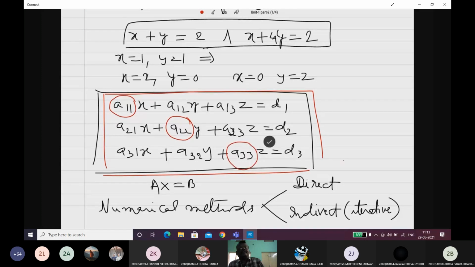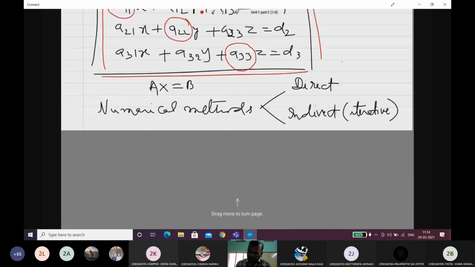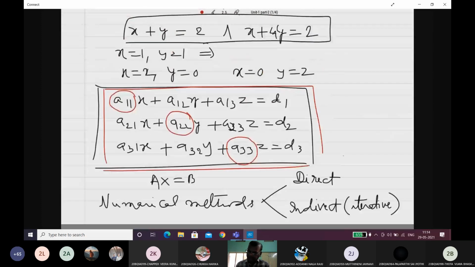When do you say this system is diagonally dominant? That is the important condition. The absolute value of the first row first element, which is the element in the diagonal, is greater than the sum of the absolute values of the remaining elements in the same row. So we write the formulas like this.